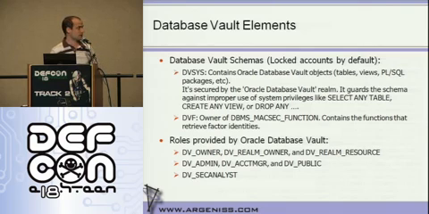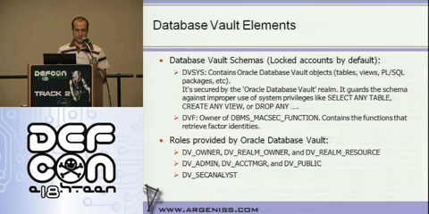Also, there are some schemas that are installed when we install this add-on Database Vault product. The most important one is DVC, that contains all the Database Vault objects, such as the tables, views, and PL/SQL packages that we can use to administer and configure the Database Vault installation.